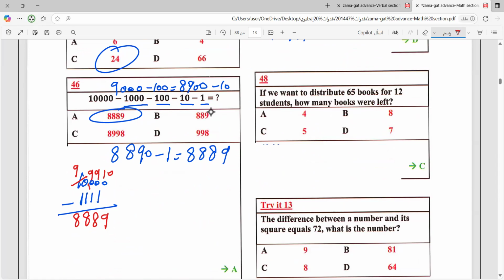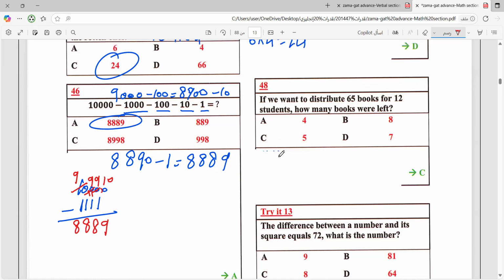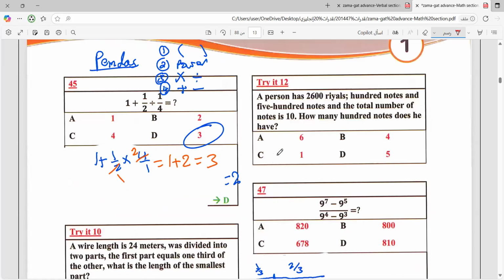Then you take 1 for the right 0. You cancel this, then it becomes 9 and this 10. Then you borrow from 10, so it will be 9 and this will be 10. Clear? I think this is grade 2. Clear, my student? Okay, yes.